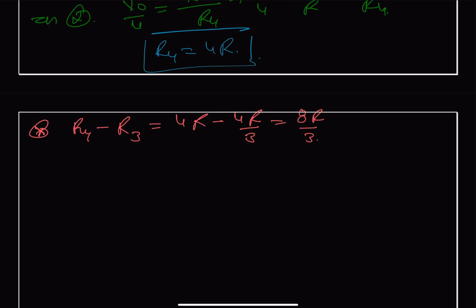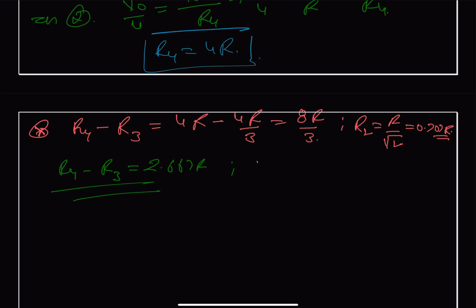And our R2 is R upon square root of 2, which is approximately 0.707 times R. And this R4 minus R3 is approximately equal to 2.667 times R. So therefore we can say that our R2 is less than R4 minus R3.